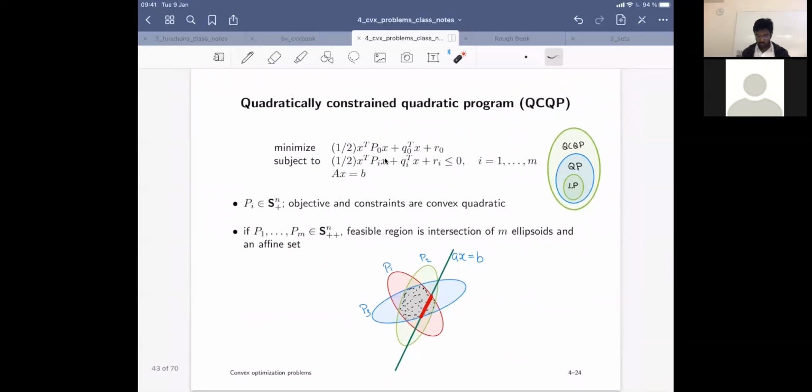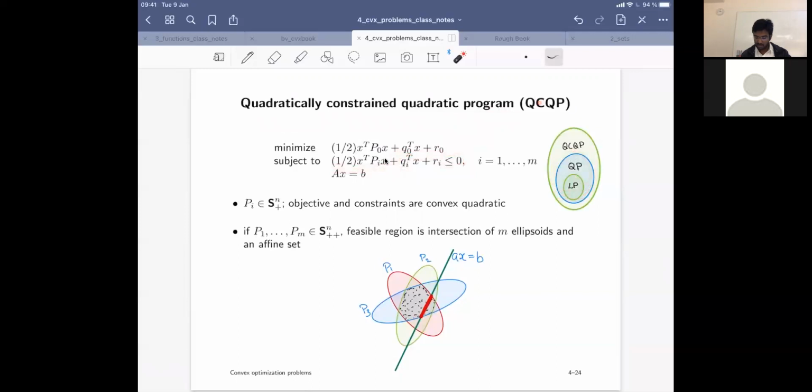So we saw what is an LP, what is a QP. Let's move to the next class, which is the quadratically constrained quadratic program. It is the same thing. We have a quadratic objective function. The only difference is earlier we had affine constraint functions, but here we are adding quadratic constraints. So it's very simple.